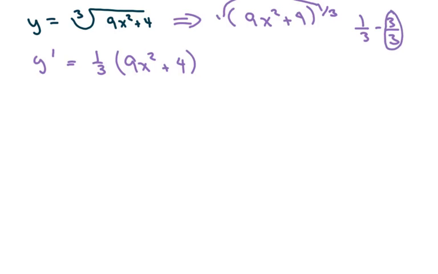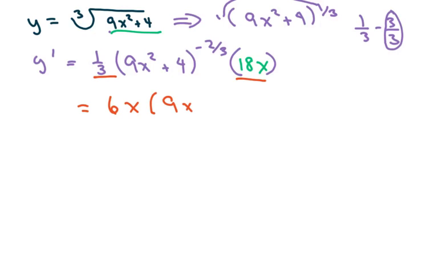That's a 1, so that would be negative 2/3. And then you multiply that by the derivative of your inner function, which is 18x. Next, you multiply these two, and 1/3 of 18 is 6. So you get 6x times 9x squared plus 4 to the negative 2/3.